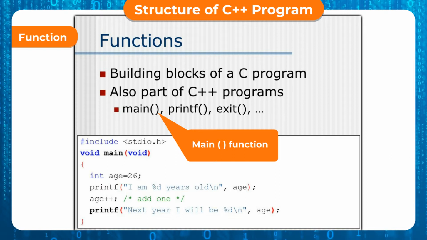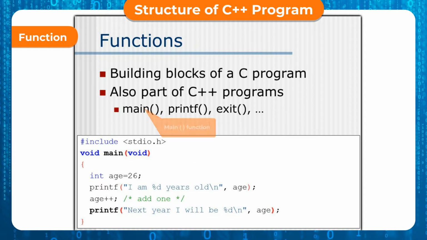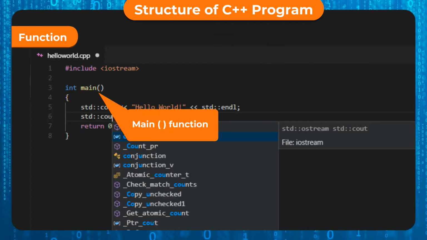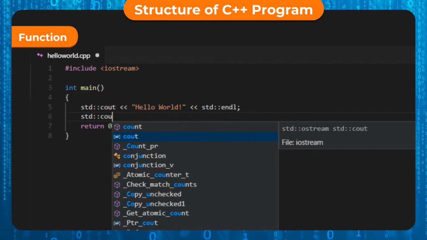It will come right after the header file. Main function. When you run a C++ program, the first executed statement will be at the beginning of a function known as main. It consists of any functions, classes, and other program elements.